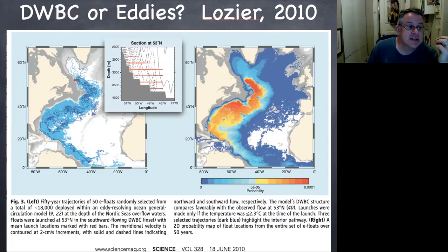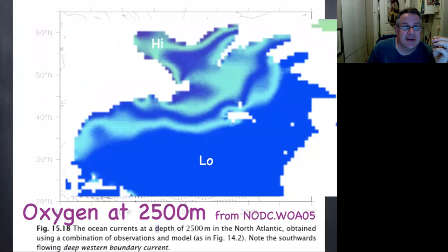So this oxygen is not showing you a nice tight western boundary current. It's showing you a big diffuse thing. And that's because there are so many eddies down here that the mean circulation is overwhelmed by the lateral transport of eddies. And so the Stommel-Arons-Faller theory is deficient in that it does not have eddies.